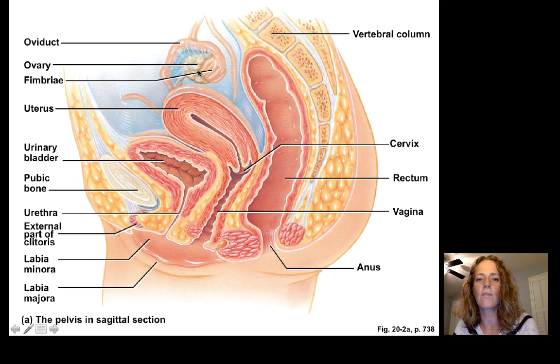So here is an ovary, again traveling backwards through the uterine tube, into the uterus, out the cervix, out of the vagina. And I want you just to notice in cross-section here that the bladder in the female is in front of the vagina, just below and in front of the uterus, and then here in the back is the rectum.